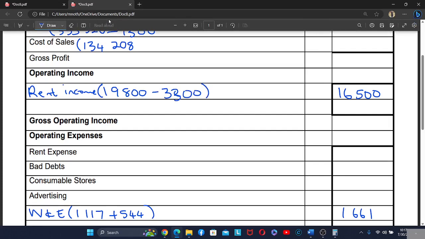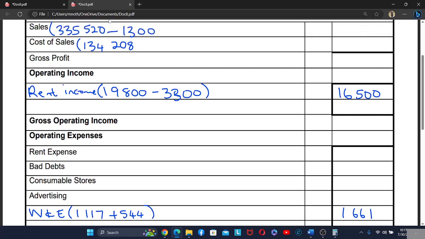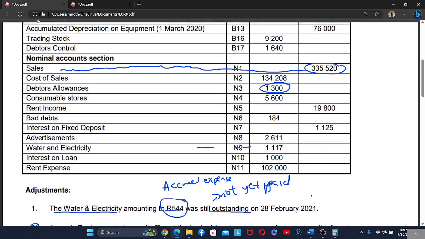But the matching concept says that incomes and expenses should be recorded in the year that they belong in. So this 3,300 does not belong in our financial year. Therefore, we must subtract it from the 19,800 so that you get the rent income that belongs in our financial year, which is 16,500.